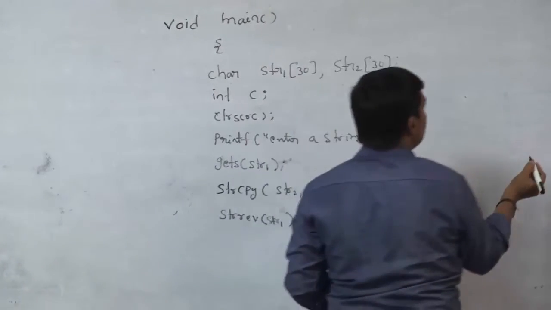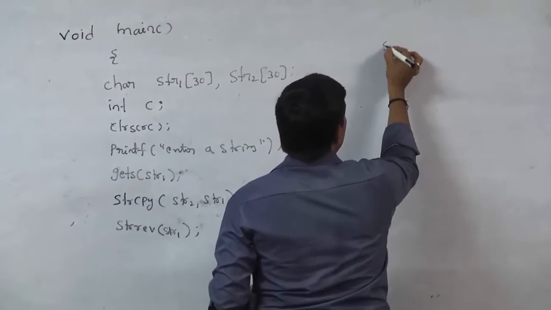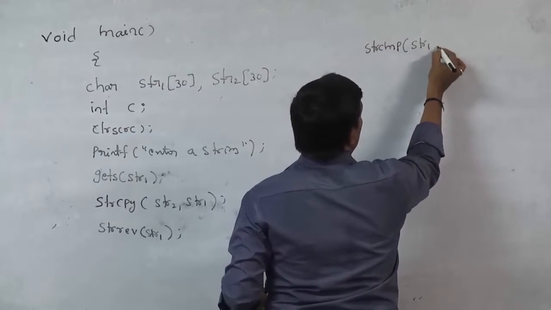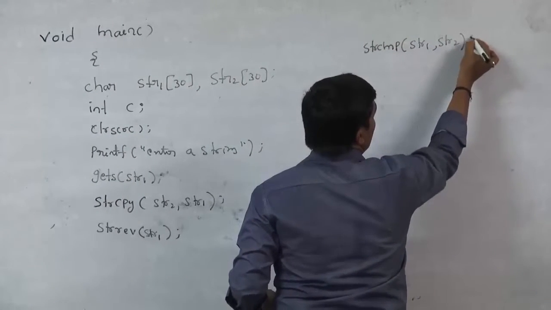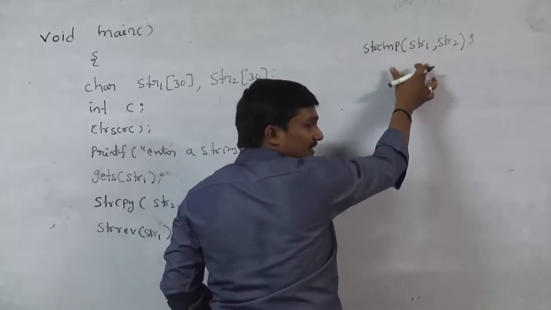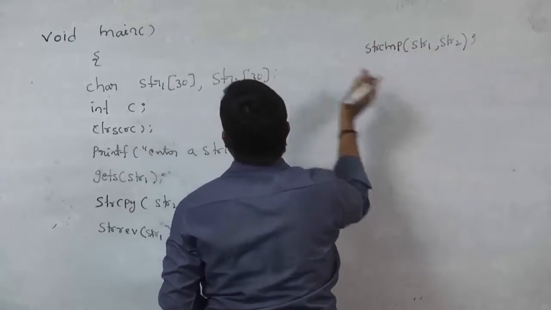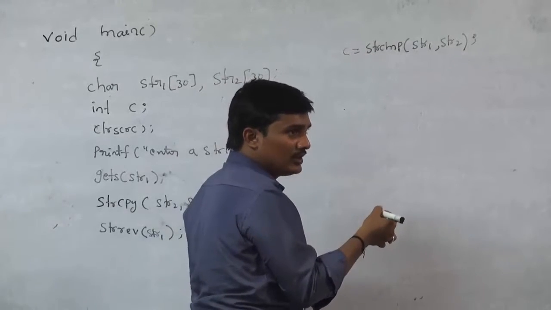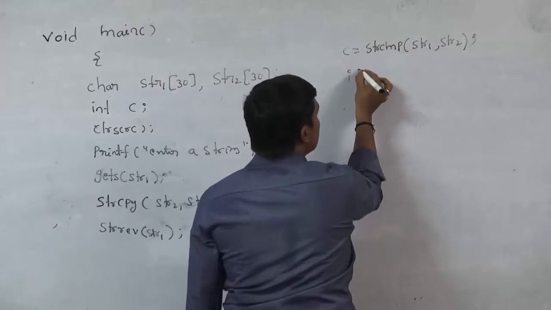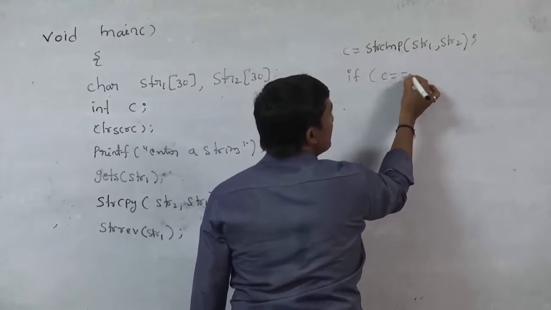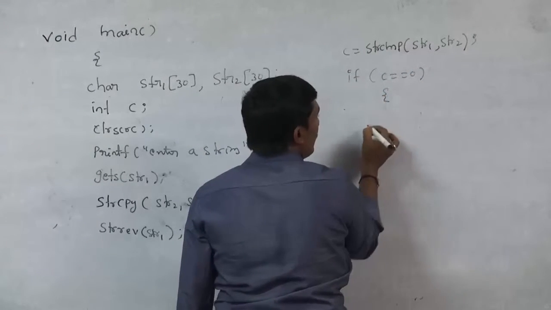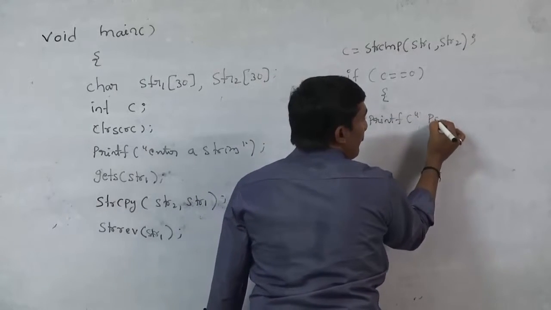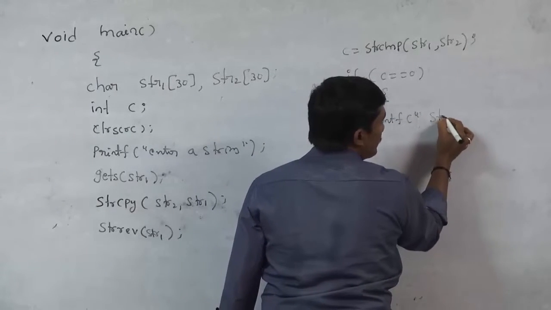Afterwards what will we do? Comparison. strcmp of str1 comma str2. This function always returns either 0 or non-zero. So let's assign it to c. So depending upon c, if c is equal to 0, then what will we display? printf strings are palindrome.